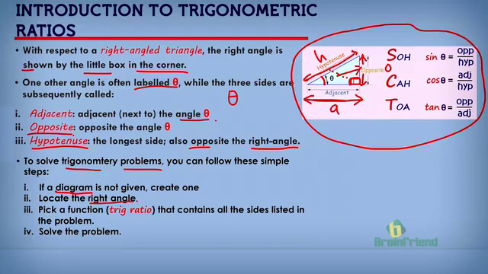We could also easily know by the angle given where our adjacent is and where the opposite is. Now that we know all our sides from the question given, we can easily pick a trigonometrical ratio that contains all the sides listed in the problem. And finally, we solve the problem.